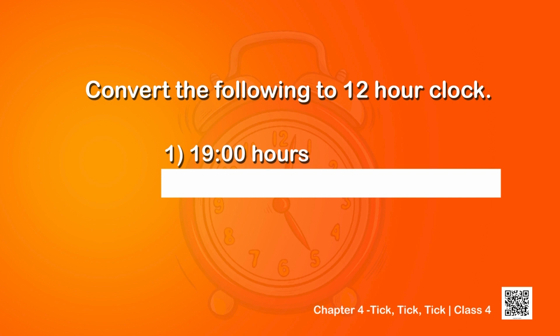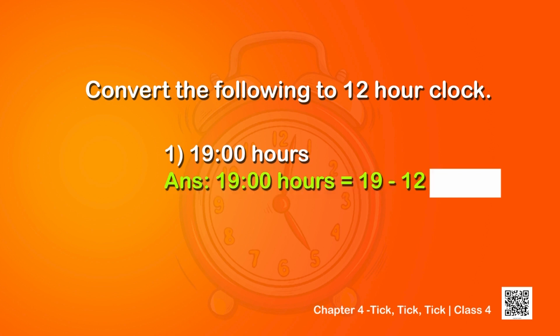We should subtract 12 from this time. Yeah, tell me quickly. 19 minus 12 is? Very good. 7. And since it is after 12 noon, we need to write it as 7 PM. Correct. So, 19 hours is equal to 7 PM.